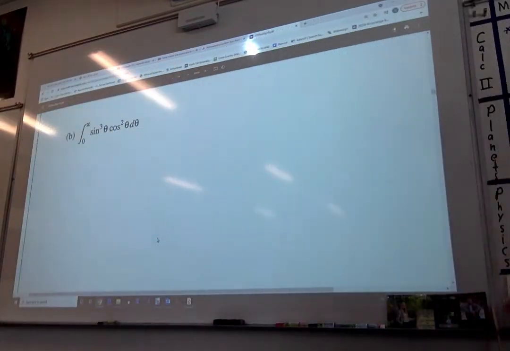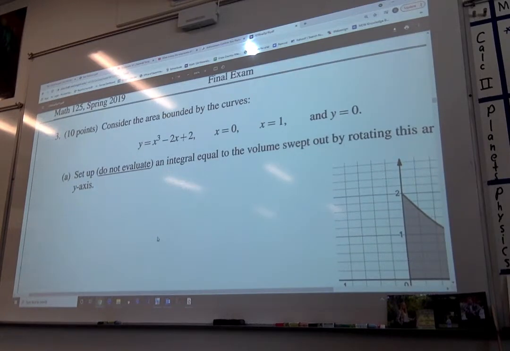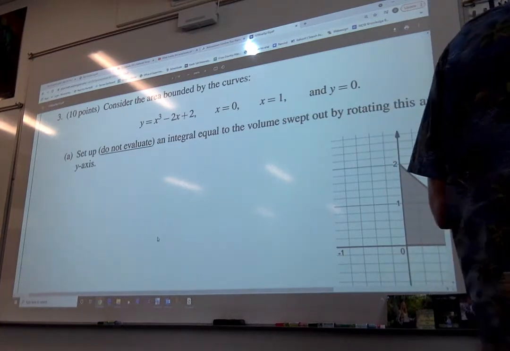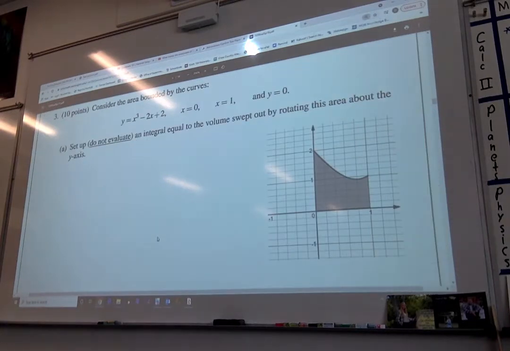All right, let's do the next one. Hey, we have a real problem. Consider the area bounded by these curves. Set up, not evaluate, a volume one. Good. We haven't done a volume one for a while. They did a graph for us, which is nice.